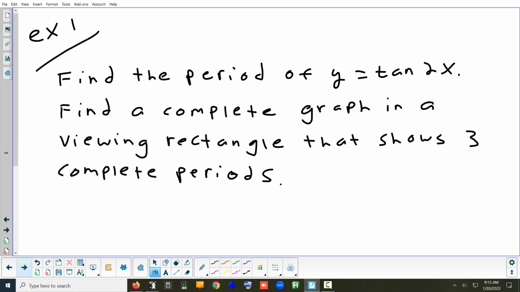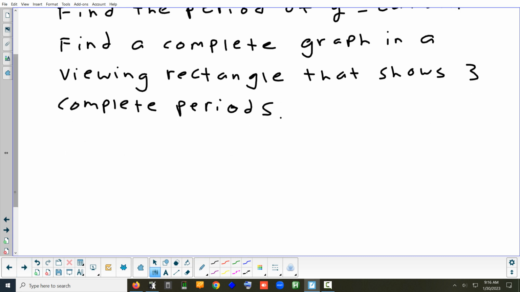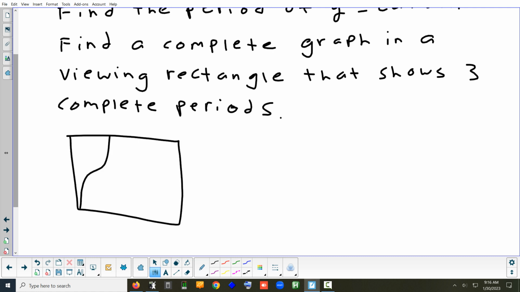Okay, so this question basically is going to use the formula I just gave. Find the period of tangent 2x and find a graph on the calculator, don't do it by hand, just do it on the calculator, that shows exactly 3 cycles. Now, if you break a cycle in half, that is okay. Like, if your window looks like this, that's good, that's 3 cycles.